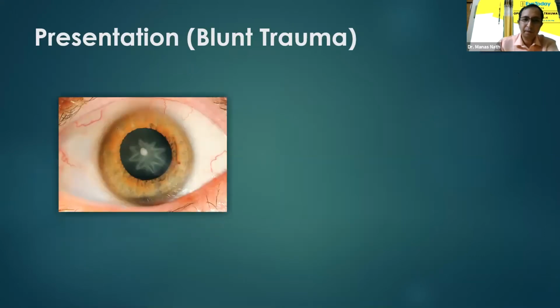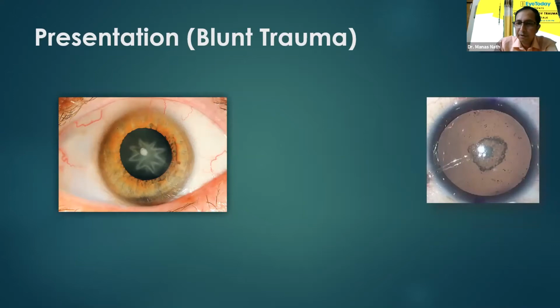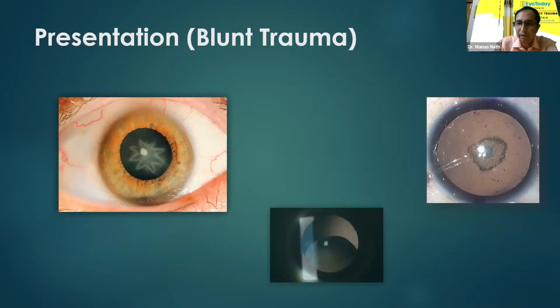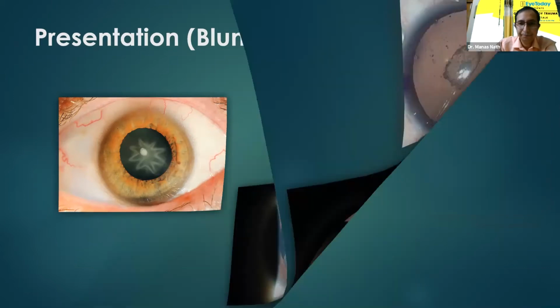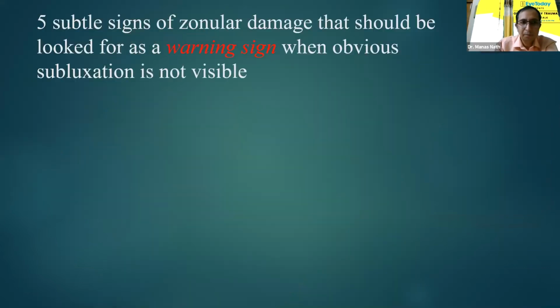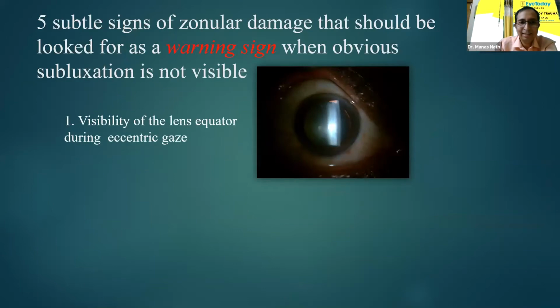Blunt trauma patients can present with a typical Ciliate type cataract. They may even present as a posterior subcapsular cataract or with signs of frank subluxation. So when the obvious subluxation is not visible, one should look for these warning signs. First is visibility of the lens equator, either in primary or eccentric gaze.